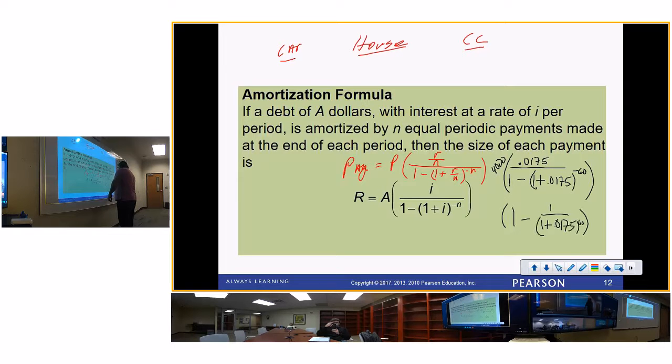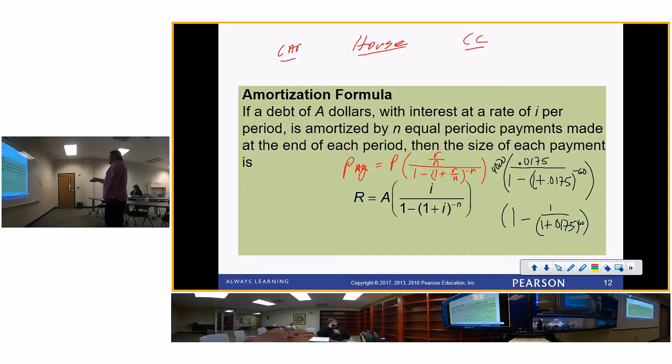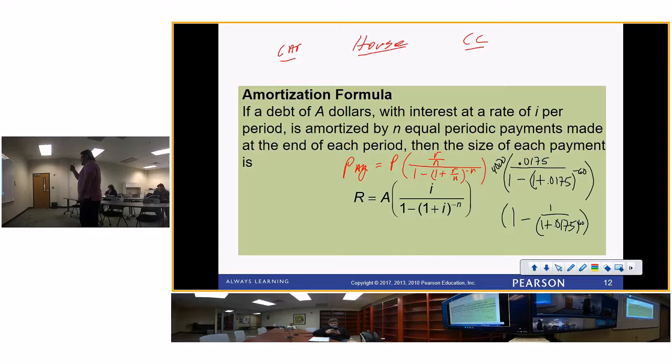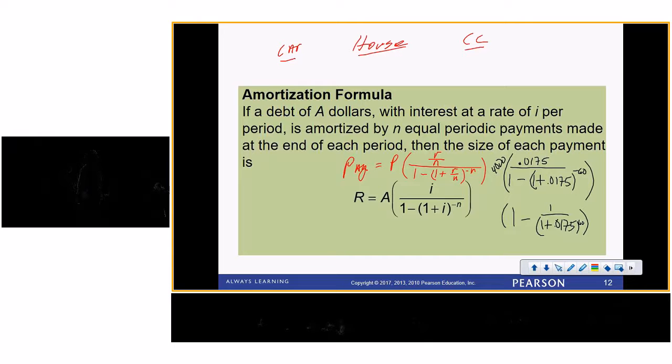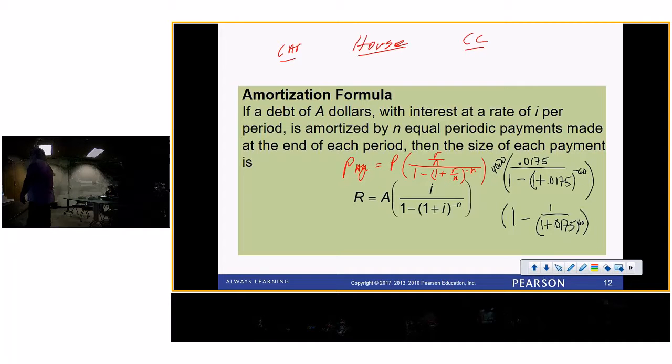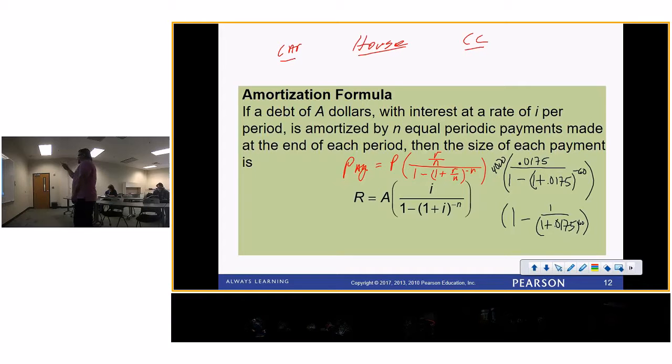Take 1 plus 0.0175, raise it to the 60th power, then 1 divided by that answer, and then 1 minus that answer. What do you get?